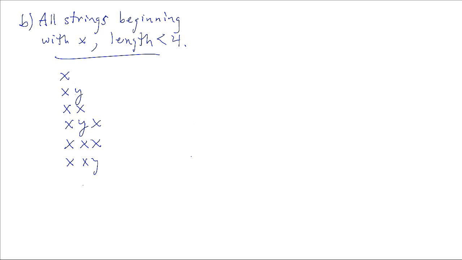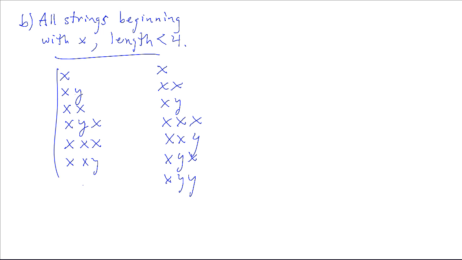Why don't I try listing them in some sort of an order? They have to start with X. XX, XXX, XXY, XYX, XYY. 1, 2, 3, 4, 5, 6. There's 7 of them here. And I'll cross that out.